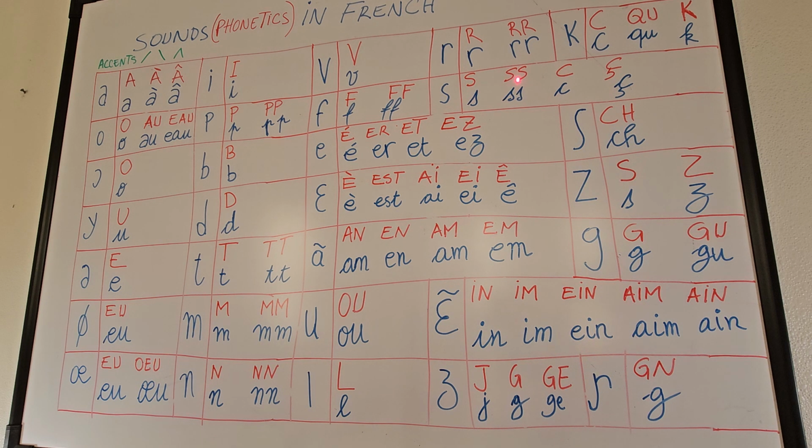So if you see S twice, it still sounds so. Right here, that's say. In some words, if you see say in the middle of a word, it still sounds so.